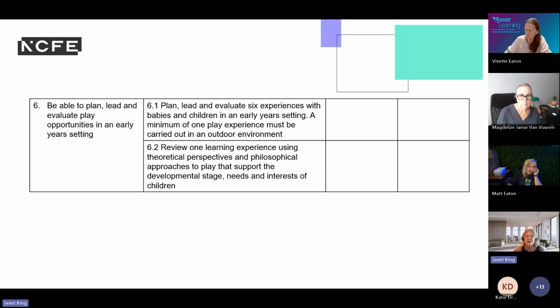And we are recognizing how that play activity has supported the developmental stage of the babies or children that we're working with in this particular case, how we've met their needs, and how we've responded to their evolving interests and their preferences. So it's what we were talking about before.